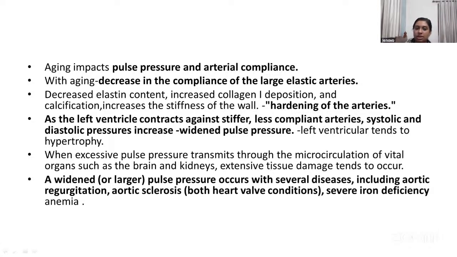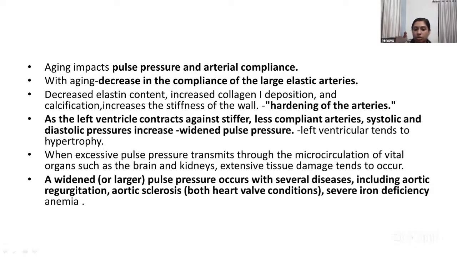Both systolic as well as diastolic pressures will increase, and it will lead to the widening of the pulse pressure. And the left ventricle, due to the excess workload, can lead to hypertrophy. Left ventricular hypertrophy can occur. When excessive pulse pressure transmits through the microcirculation of vital organs like brain and kidney, extensive tissue damage can also occur.